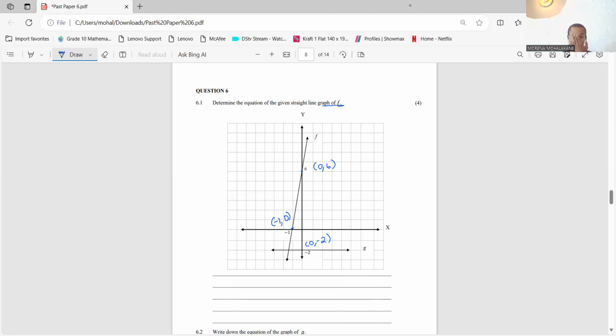So you have f here, right? To get the equation, this is what you use. Let me show you. For a straight line, to sketch, you need two things.